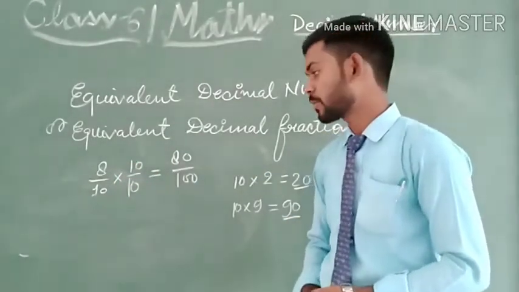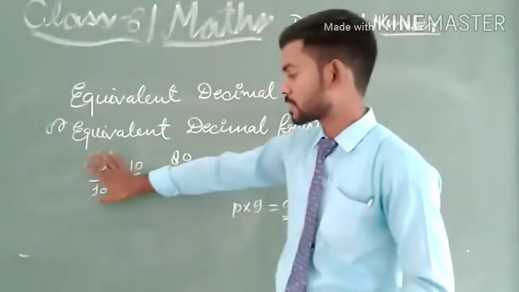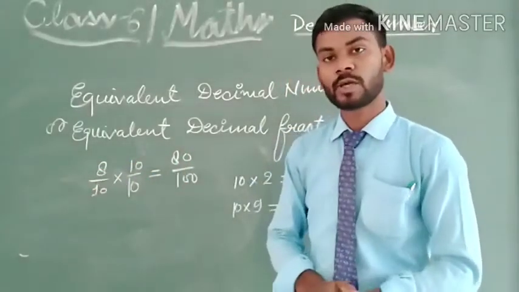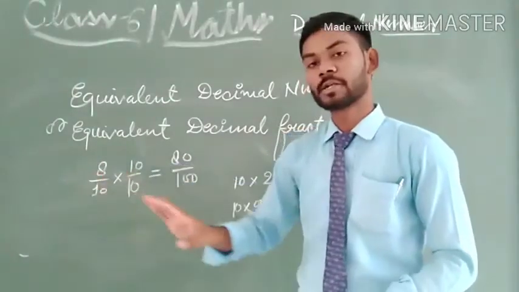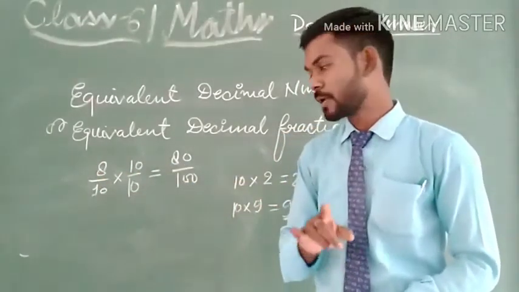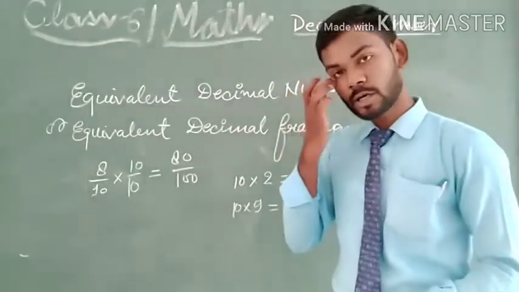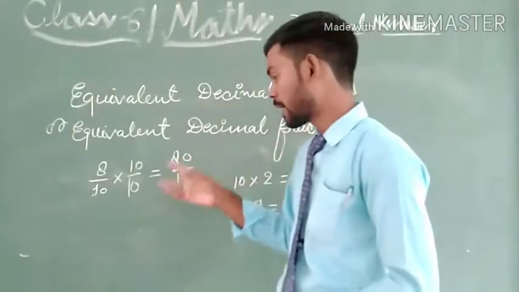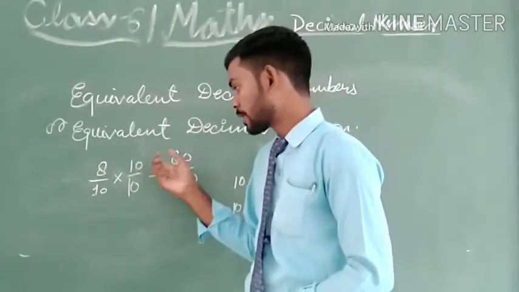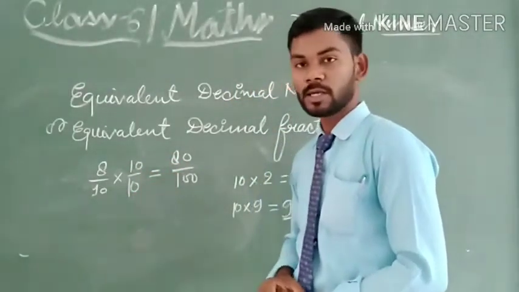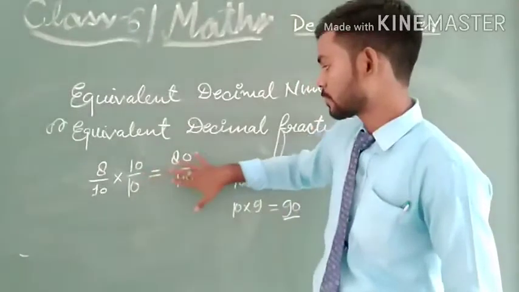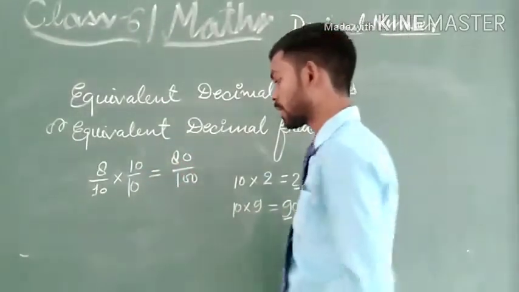We can multiply this fraction by any number, and we always get the denominator as a multiple of 10. For our convenience, I have taken 10 as the number by which to multiply the given fraction 8/10, and hence we get 80/100.